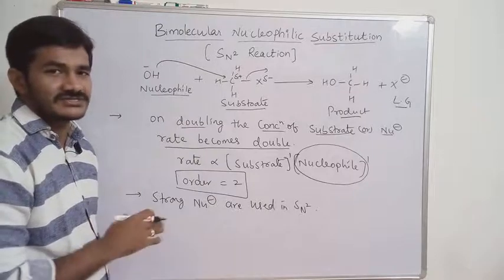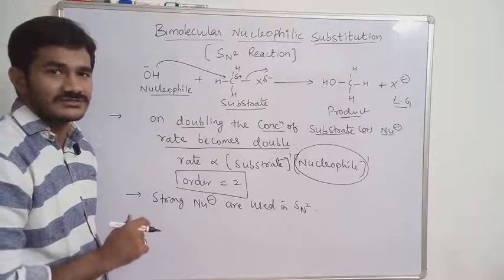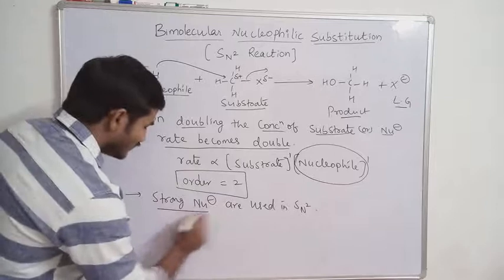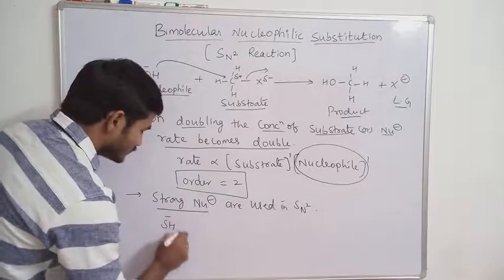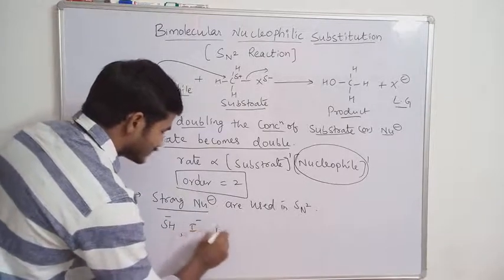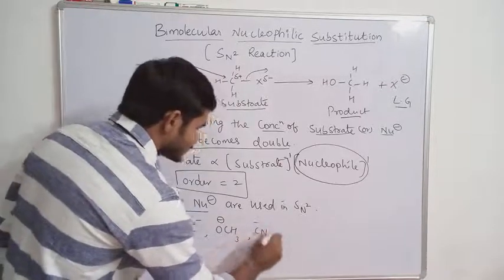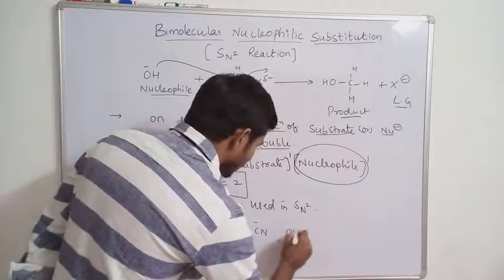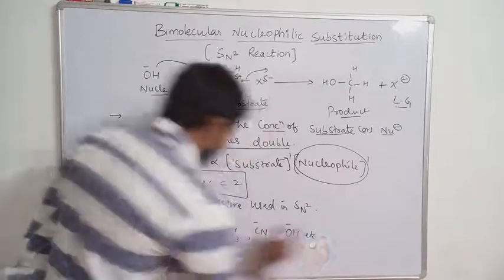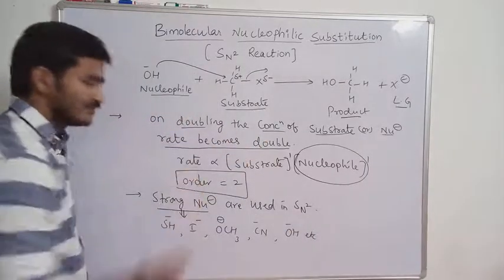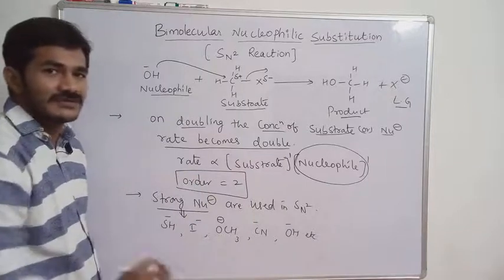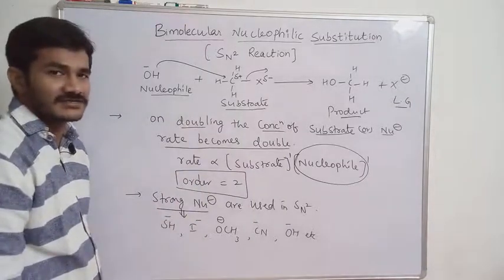If you see my previous lecture, you can understand about nucleophilicity. Here, as examples of strong nucleophiles, I am writing SH minus, I minus, alkoxide (I am taking methoxide here), CN minus and OH minus, etc. All these are very strong nucleophiles. These strong nucleophiles can be used in the SN2 reaction.